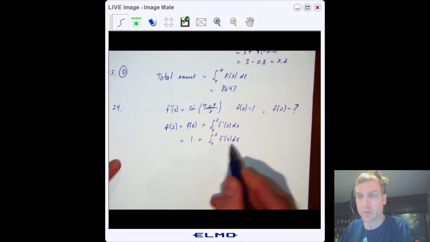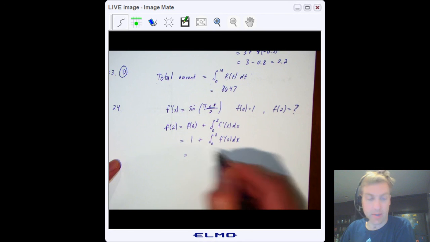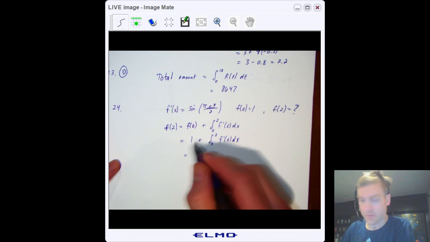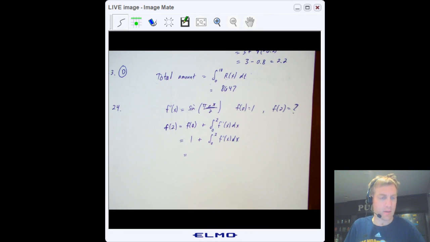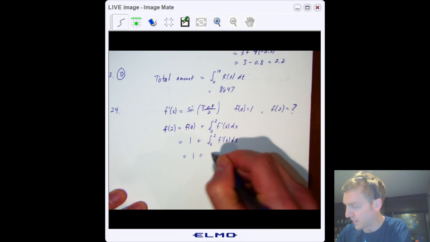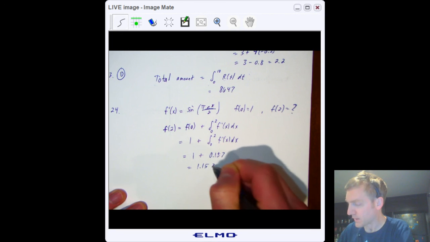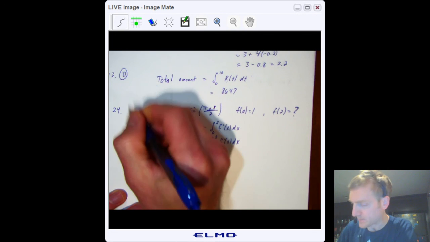But make sure that you add 1 to it for that initial condition. So this integral is 0.157, but when you add 1, it's 1.157. So your final answer is E.